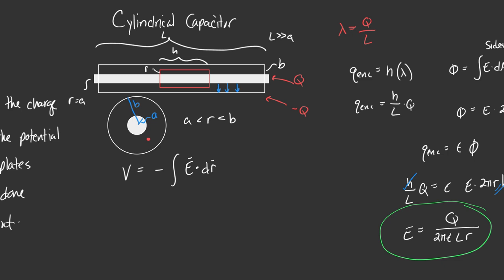The electric field goes from A to B. So when I start filling this in, my minus sign, going from B to A, Q over 2 pi epsilon naught L R times dr times cosine 180 degrees.